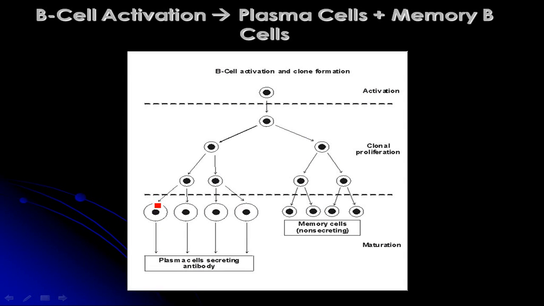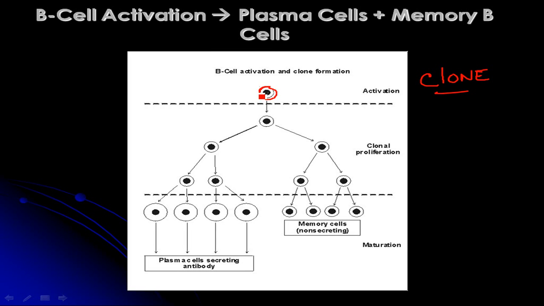This is just giving you another view of that. Here's a little B cell right here. It gets activated, okay, because it has bound to its antigen. It's received help from the helper T cell. And in another term that you guys are going to see for an individual B cell or T cell even that has a particular type of B cell receptor, or in the case of T cells, we'll see those are called T cell receptors in their surface, those are called clones.